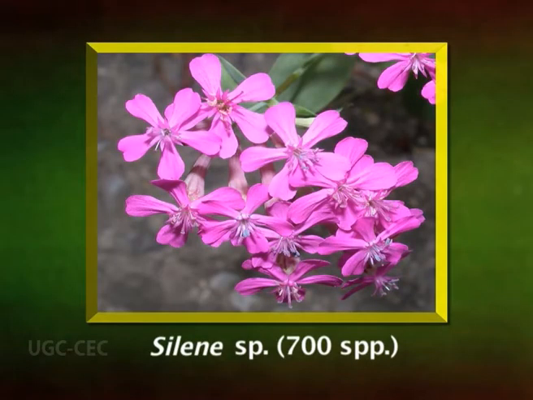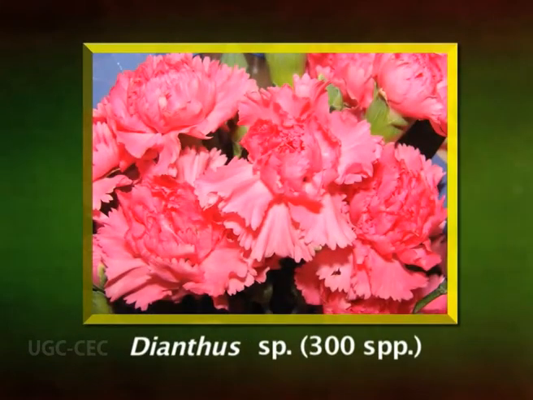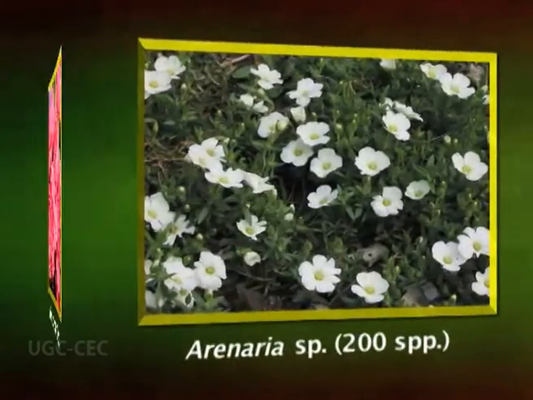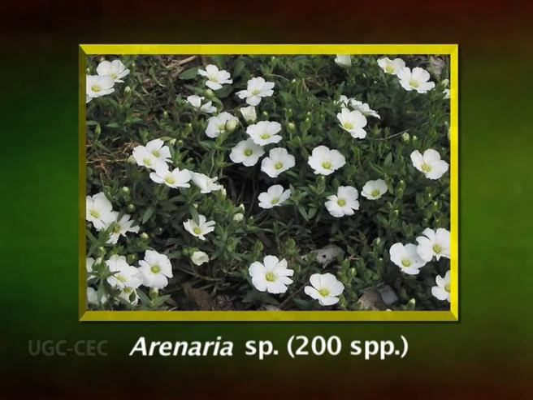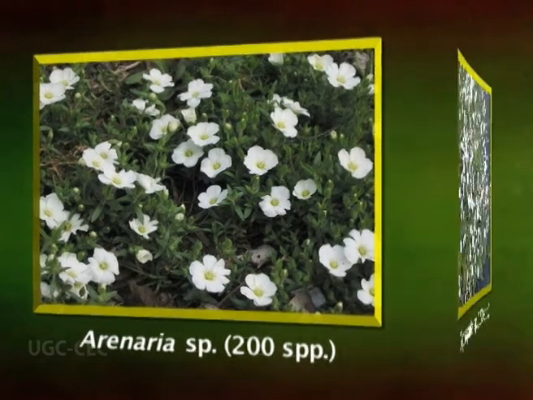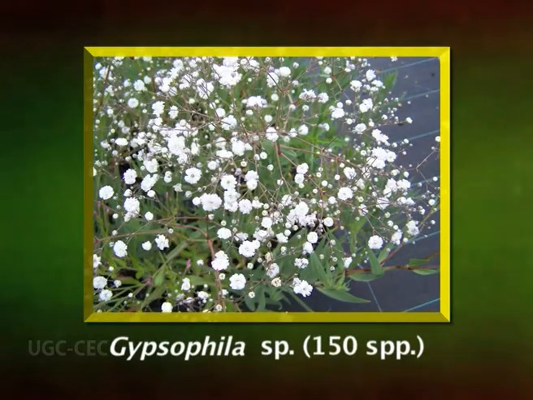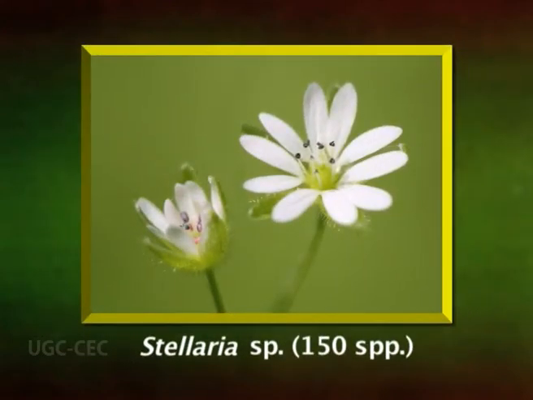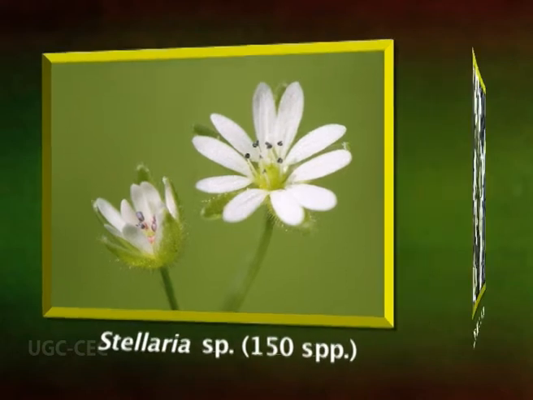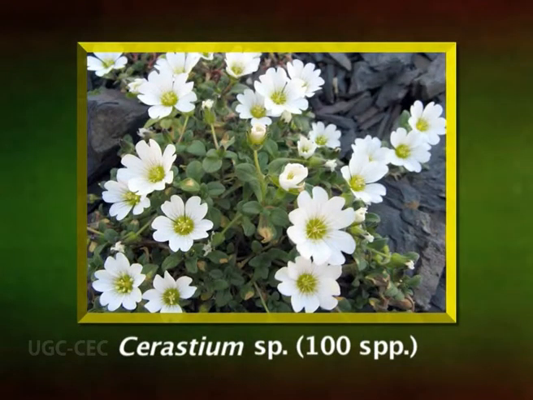Some of the larger genera include Silene or catchfly with about 700 species, Dianthus or common carnation with 300 species, Arenaria or sandwort with 200 species, Gypsophila or baby's breath with 150 species, Stellaria or chickweed again with 150 species, and Cerastium or mouse ear chickweed with about 100 species.